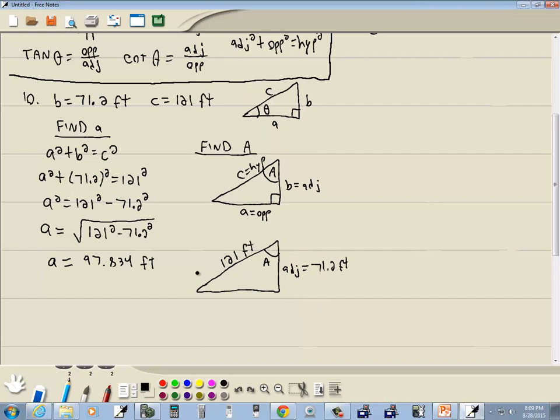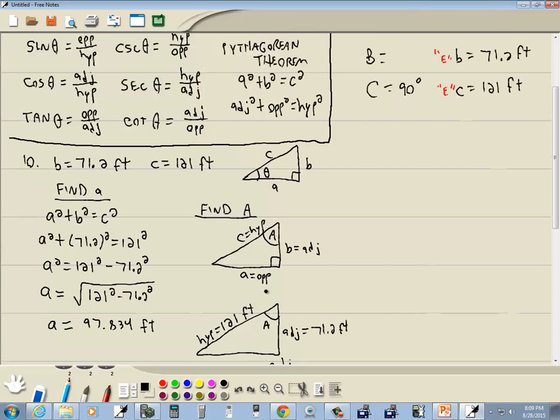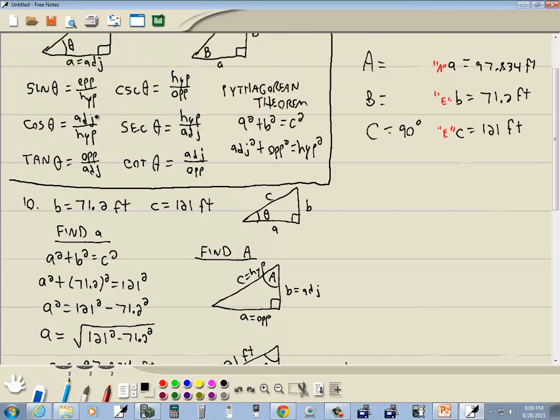Okay, so we're looking for a formula dealing with adjacent and hypotenuse. Well, this is cosine. Cosine of our angle, which is A in this case, is equal to our adjacent over the hypotenuse. And let me show you where I got that from just so you can see it. Okay, again, look at these first three here. Adjacent over hypotenuse is cosine.